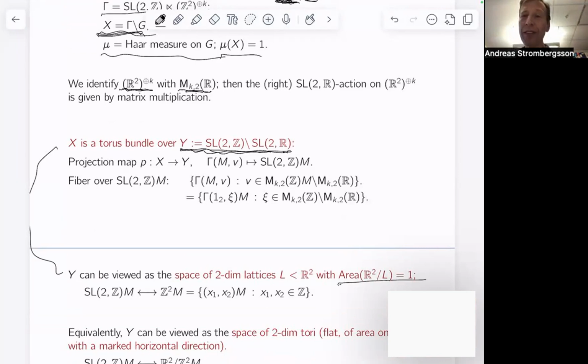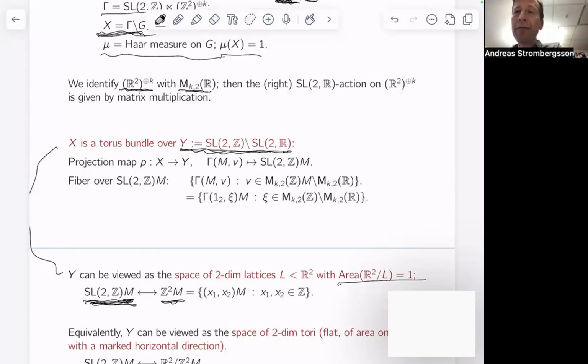And the correspondence is that you take any coset, where M is in SL2R, this is a point in Y, and this corresponds to the lattice of everything you get by taking arbitrary integer vectors and acting upon them by M. So points in Y are just lattices in R2.